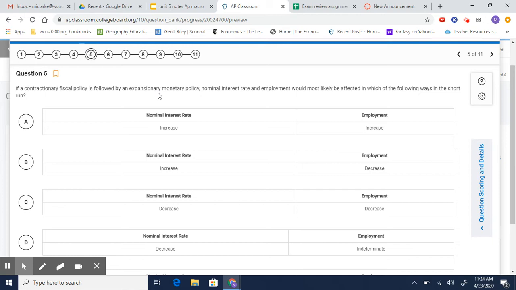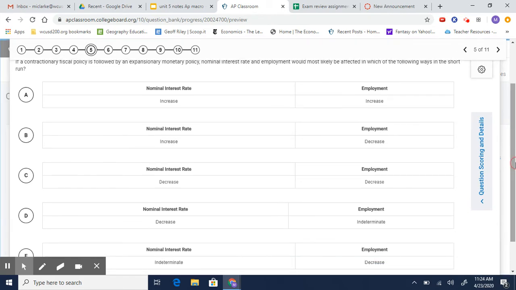So the money supply curve would shift right and lower interest rates. So right off the bat, if interest rates are falling when there's contractionary fiscal policy, and they're also falling when there's expansionary monetary policy, you know that the correct option is going to be C or D. And I'll just leave it at that.